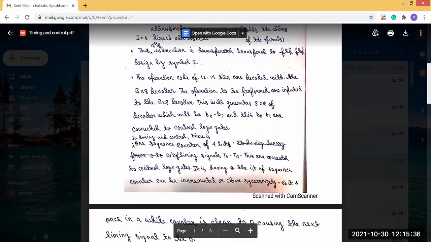And in the timing and control, there is a 4-bit sequence counter, and the output timing signals are 6 bits.